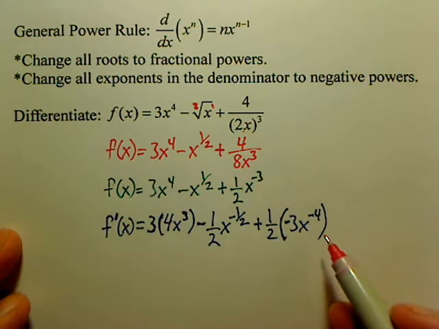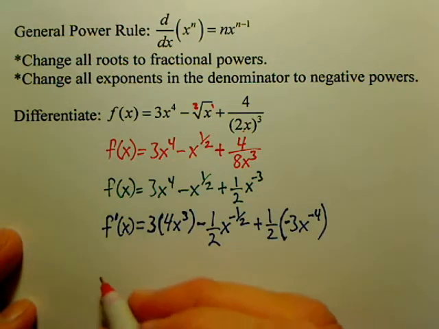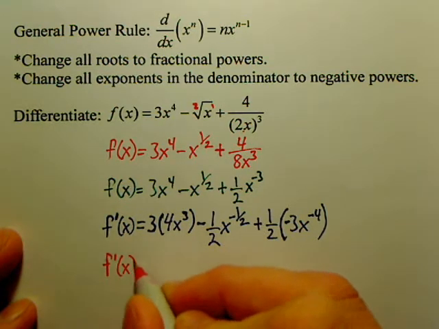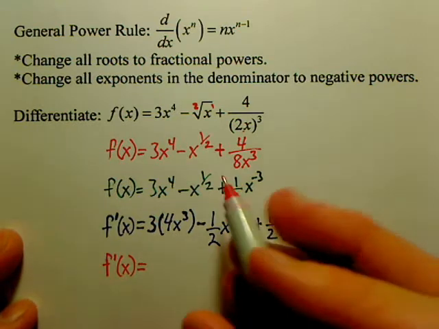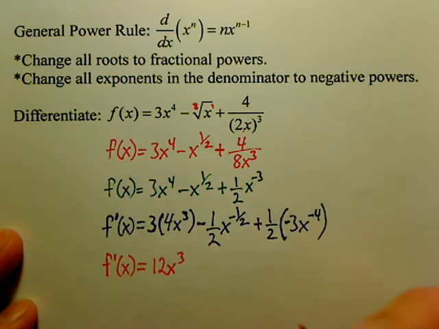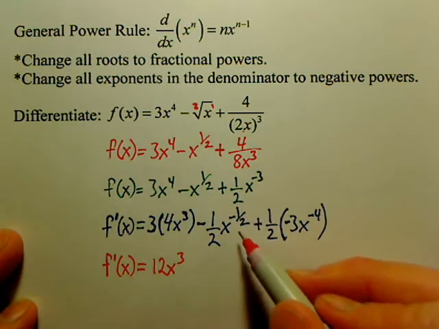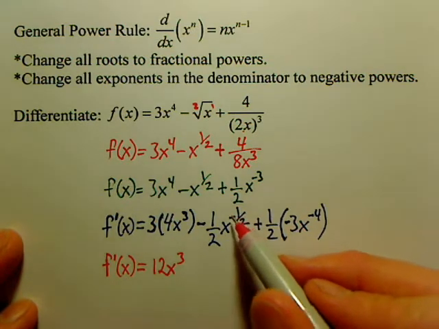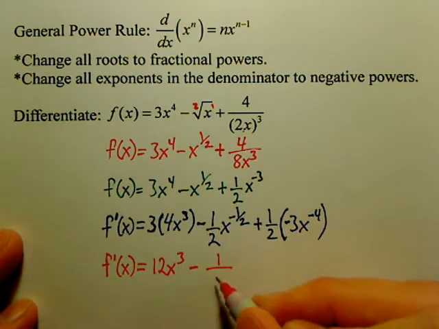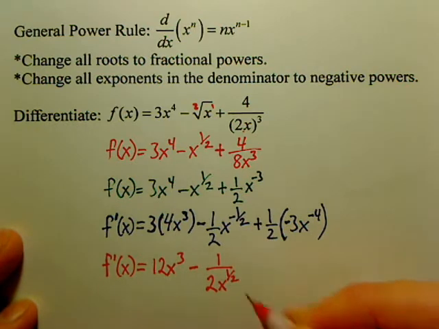All right, this is all ugly, so now we've got to simplify it. Let's see what we get here. We get f prime, the derivative of f. We multiply these two, so it'd be 12x to the third. Negative power, we don't like negative powers, so we're going to move it back to the bottom. So I'm going to make this 1 over 2x to the 1/2.